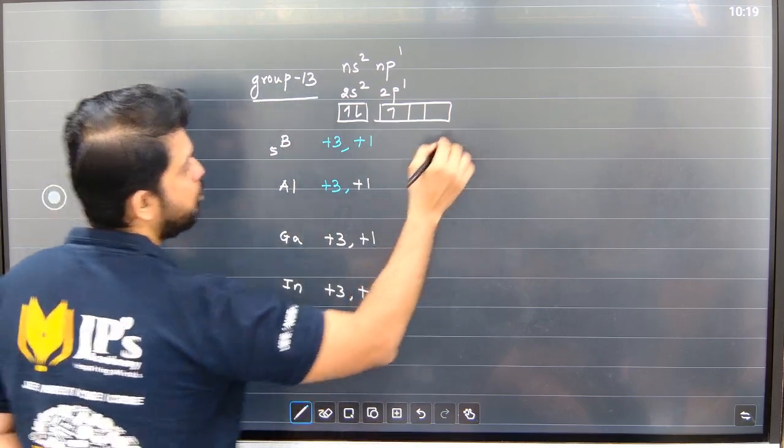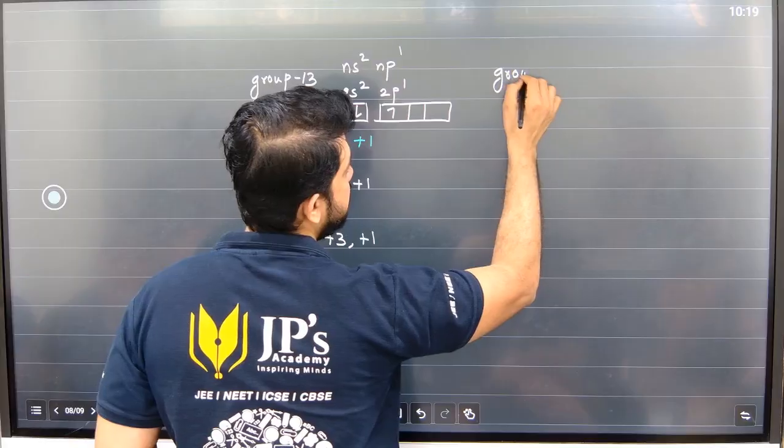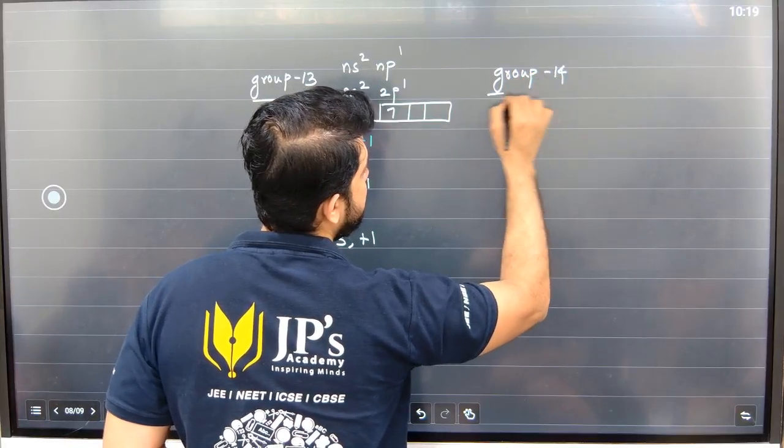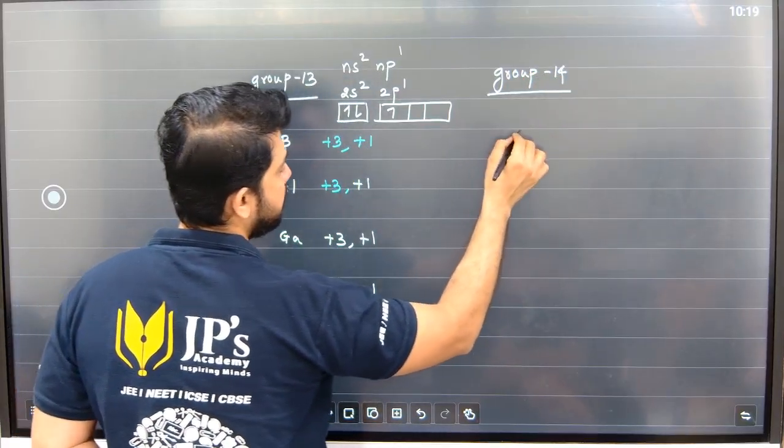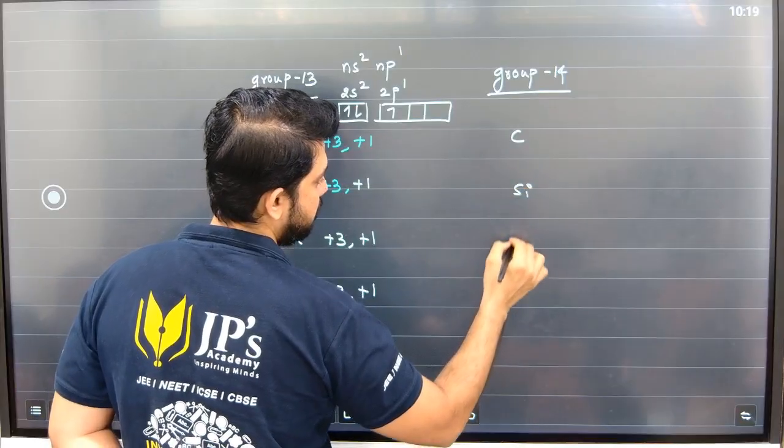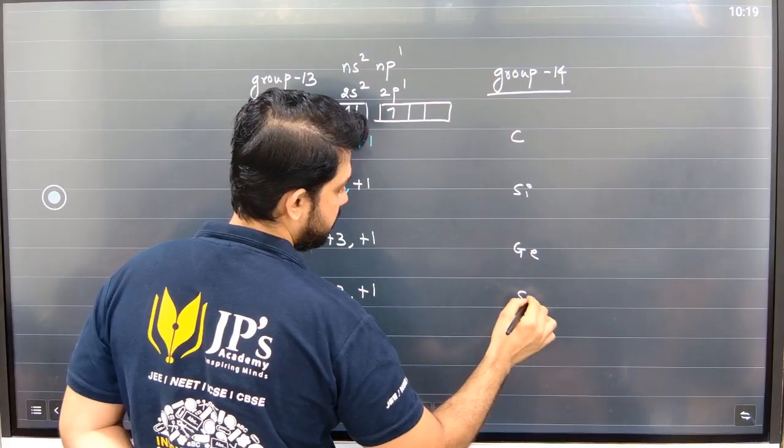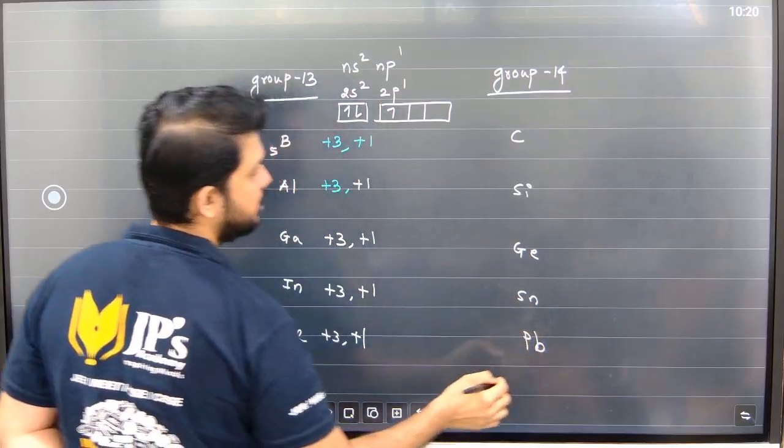I go to group 14. Elements of group 14: carbon, silicon, germanium, tin, lead.